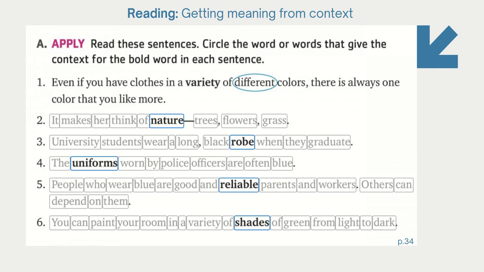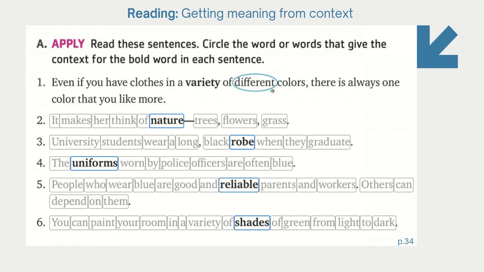But now let's try to do the guessing meaning from context technique. The first one, which is done: even if you have clothes in a variety of different colors, there is always one color that you like more. So the context is variety of different colors.